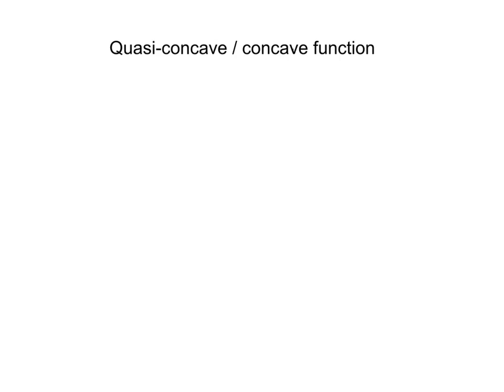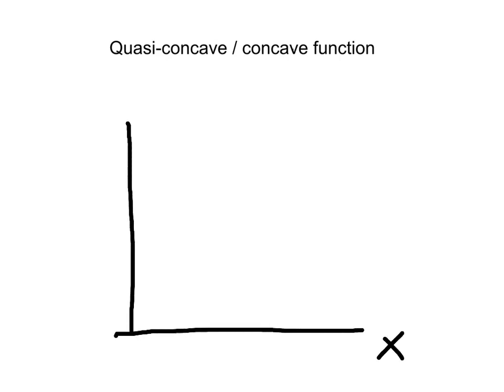So I've shown you a utility function that looked something like this, maybe like this, and I told you that this utility function was quasi-concave because the upper contour set was convex. As it turns out, the way that I've drawn this, the function is also concave. I want to explain to you the difference between the two.